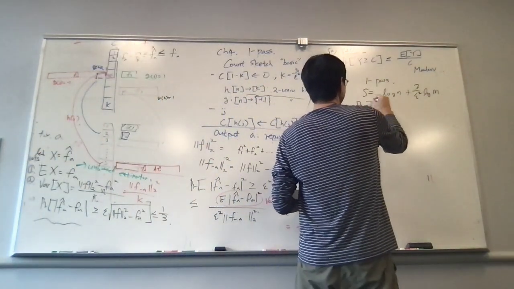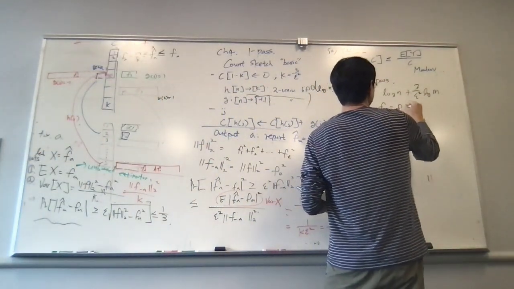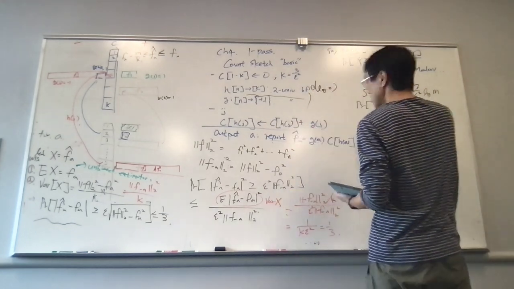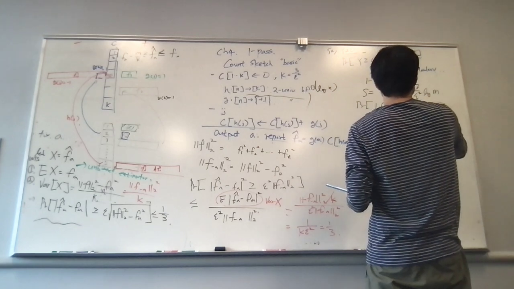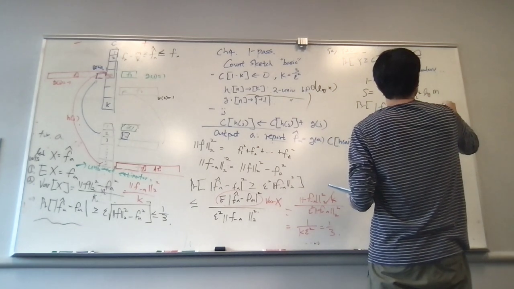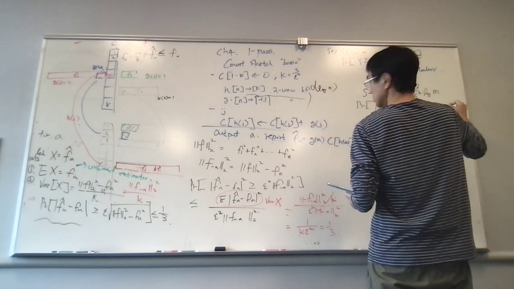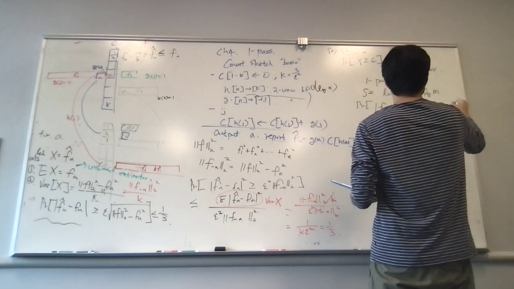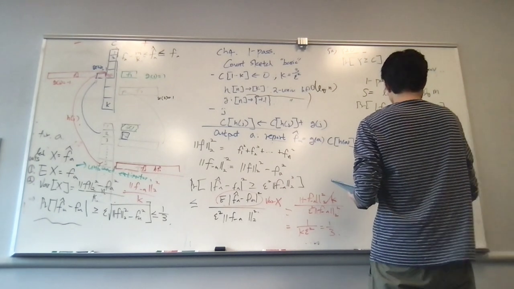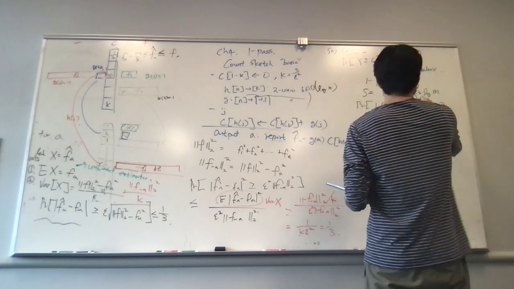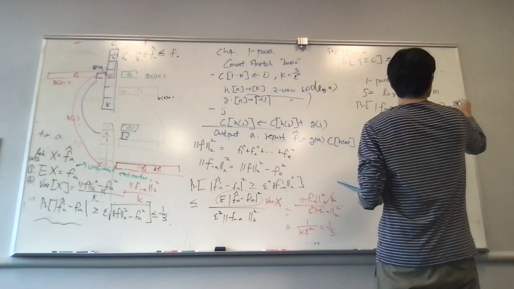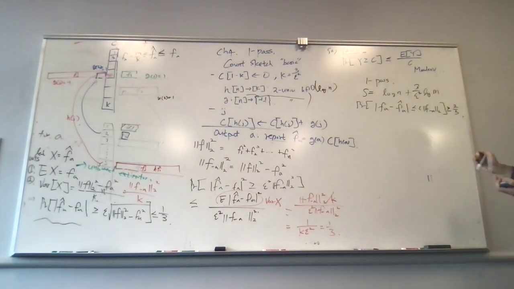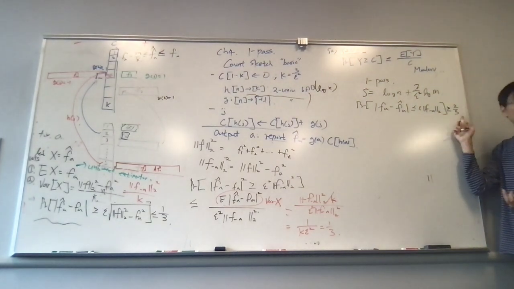The probability that F_A, our estimate, deviates by more than this is bounded, so we succeed with this probability.